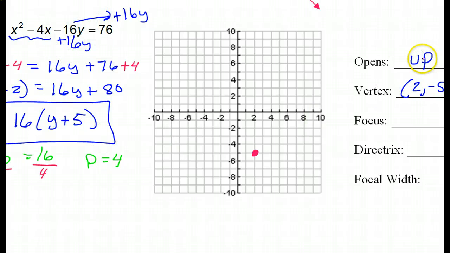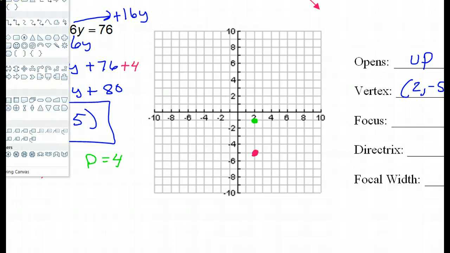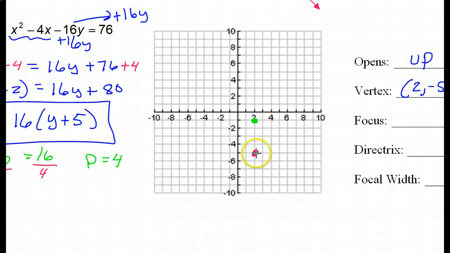I knew it would be up. Now I know it will be up 4 from the vertex. So here's the focus. Okay, the directrix will be 4 in the other direction, so down 4. So it would be here.